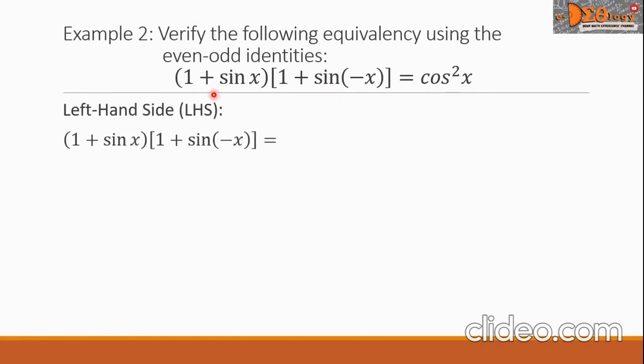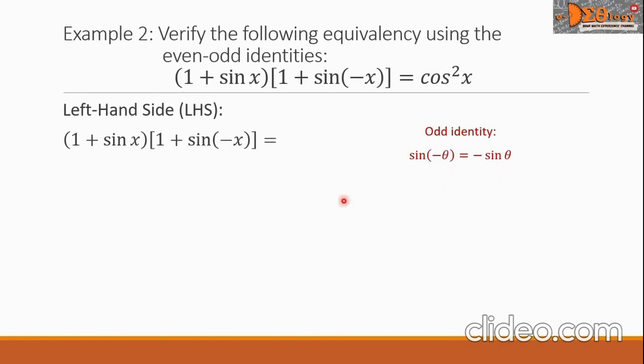I will copy again the left-hand side here. There is a term here, the sine negative x, to be simplified using the even-odd identities. From the odd identity, we have this sine of negative theta equals negative sine theta.